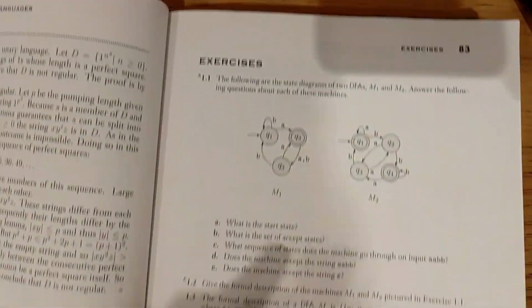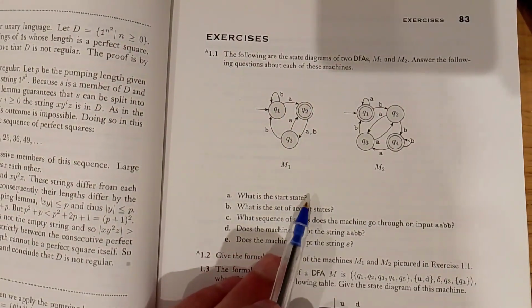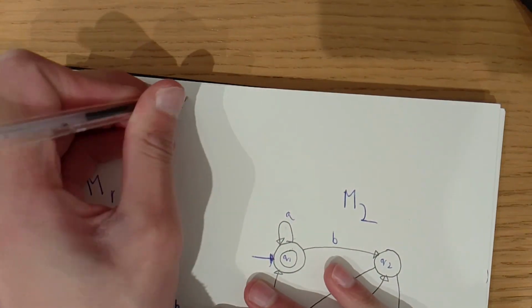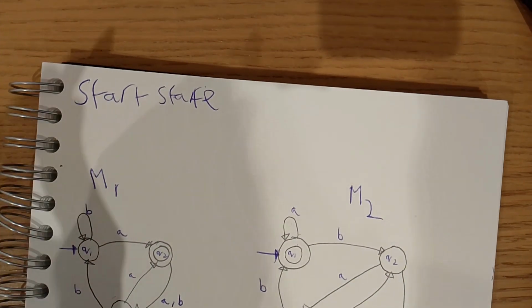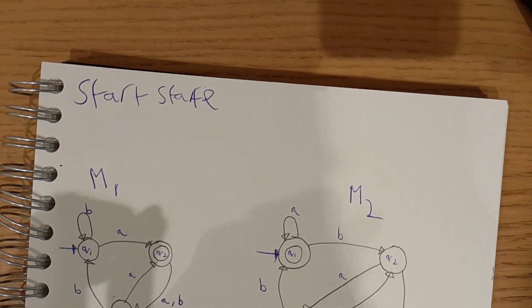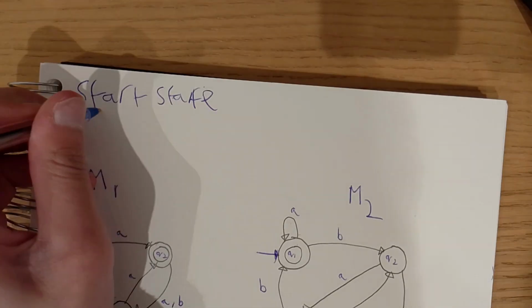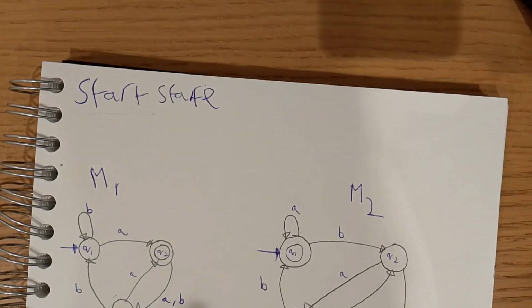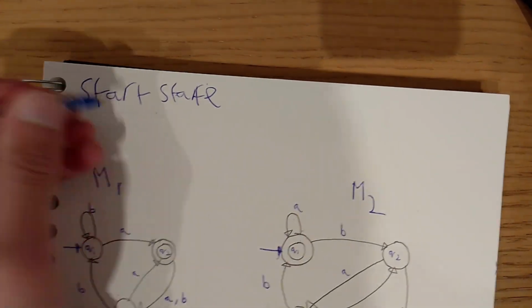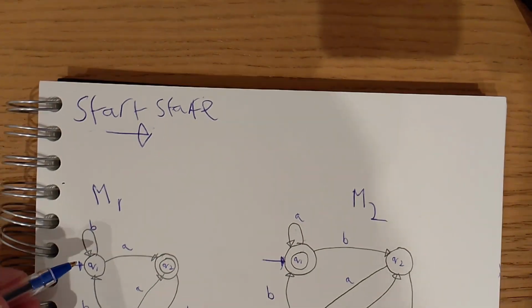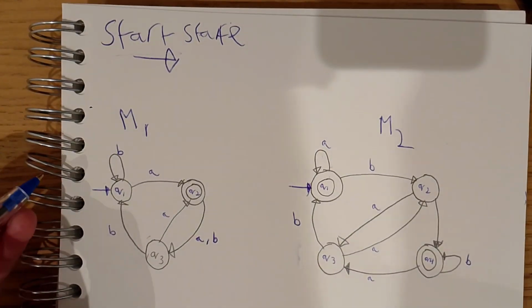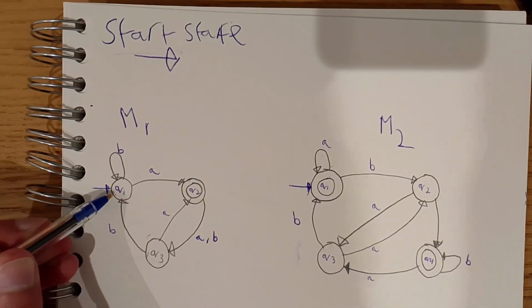The first question, part A, asks what is the start state. Remember, the start is the start. We haven't collected anything yet. We need an arrow. In M1, we are looking for the state that has an arrow, and that is Q1.